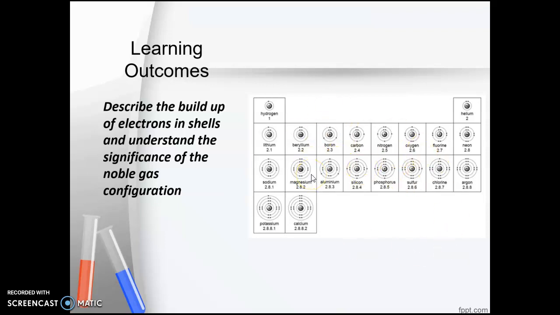We're gonna do electronic configuration of different elements, for different atoms, and we are going to be able to relate this electronic configuration to the position of the element in the periodic table. We will also understand how electrons determine the chemical properties of the elements and how the elements form compounds. So let's start together.